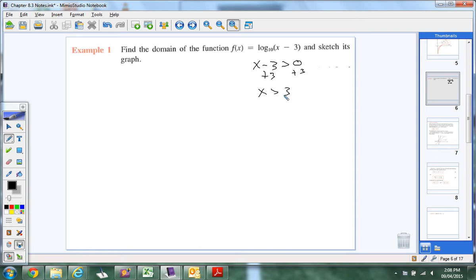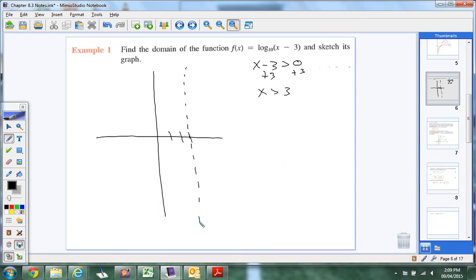Then it wants us to sketch the graph really quickly. Usually our vertical asymptote, if it was just x, would be at 0. Now it's at 3, so we have an asymptote right here. What I like to do is find the x-intercept, and that's always the one where you get log of 1, because that's 0.